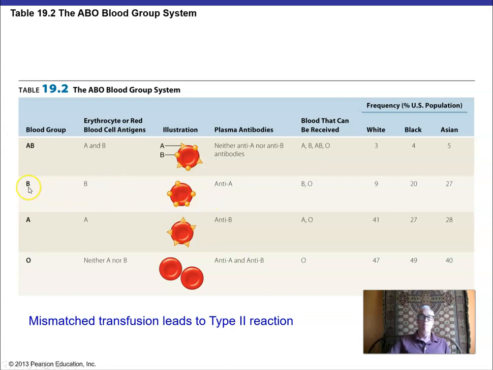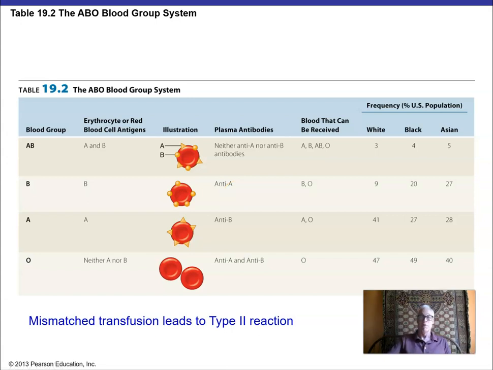And people with type B blood have antibodies in their circulation against a blood cell antigen A. Right? This is what type B blood people's blood cells look like. Their red blood cells have what's called antigen B on them. They don't have any antigen A. They have antibodies against antigen A just circulating in their body, and it doesn't make any difference.